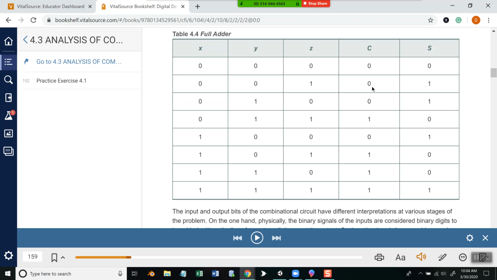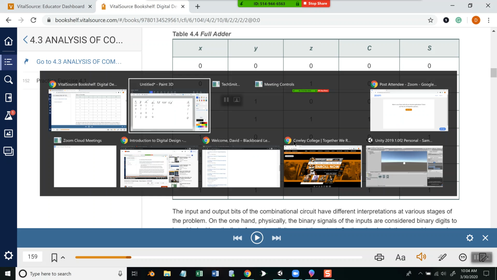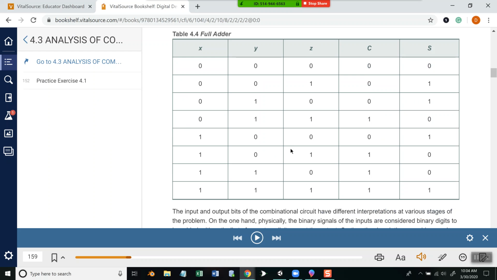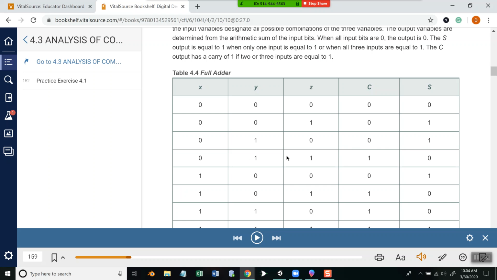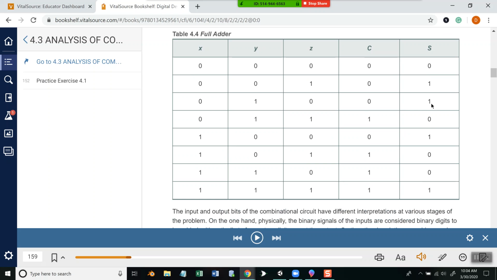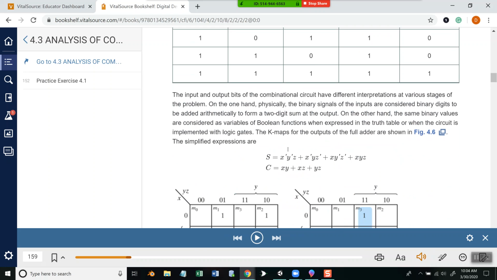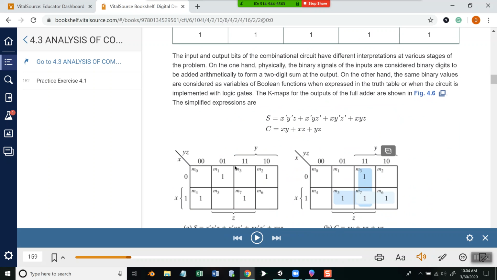Like S here is a 1, which is 0, 0, 1. That's why they put a 1 here. Another one that has a 1 is this one, which is 0, 1, 0. 0, 1, 0 is right here, so they put a 1 here.